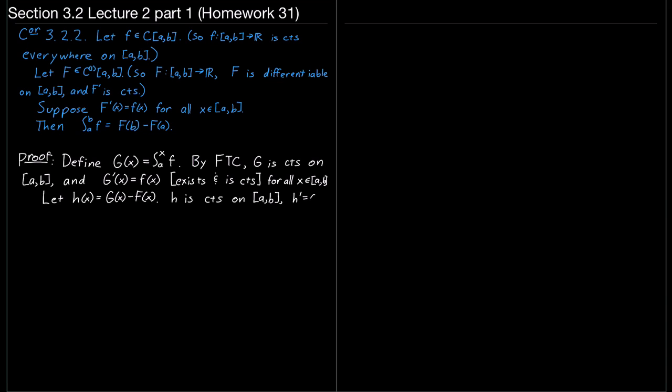H prime equals 0 on the closed interval, but as it happens, we only really need the open interval. So by corollary 2.3.6, we have that H is constant.